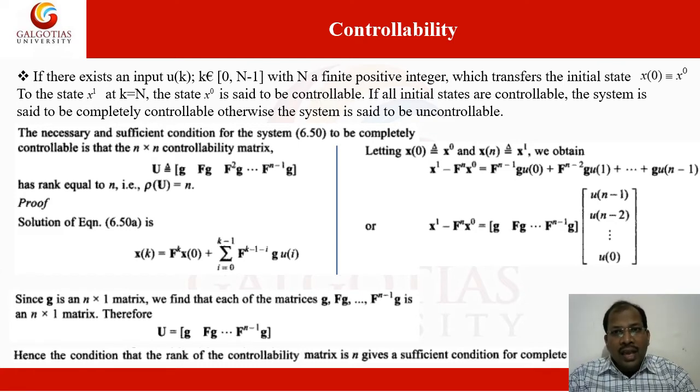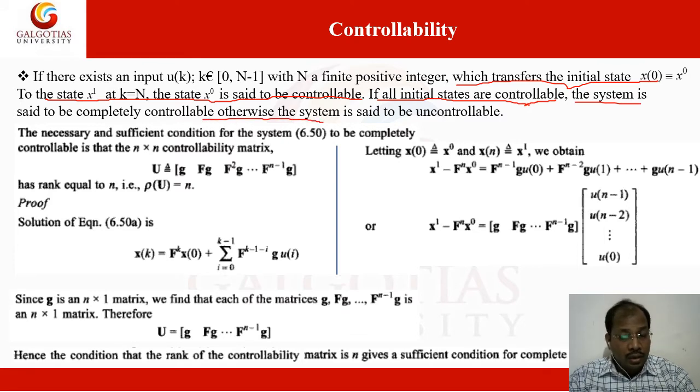The definition says the input transfers the initial state x0 to the state x1 at k equal to n, so the state x0 is said to be controllable. If all initial states are transferable, the complete system is said to be completely controllable.